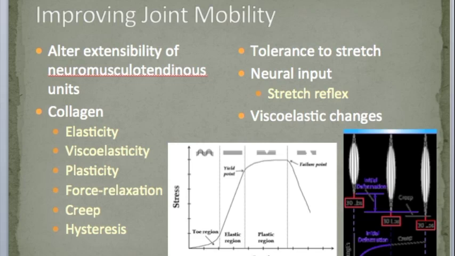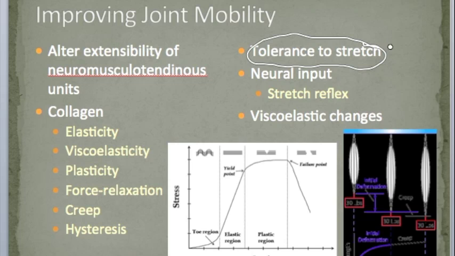So when you are doing some stretching, and in particular, we'll talk about doing PNF stretching, this whole concept of tolerance to stretch becomes important, because are you always changing something about the collagen structure? Not necessarily.